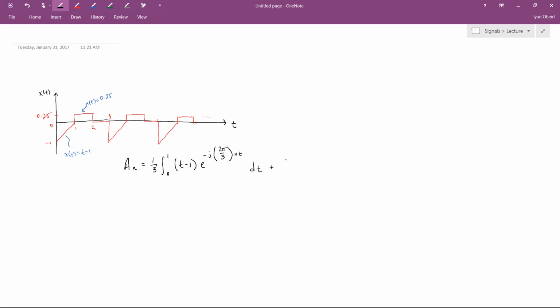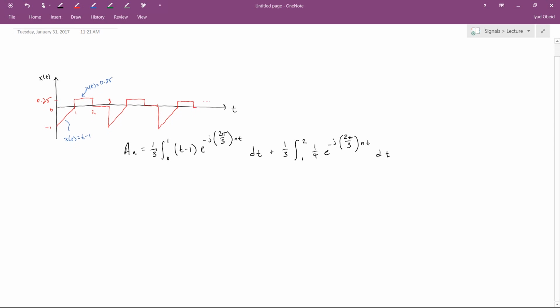Then we have to do another integral from t equals 1 to t equals 2. In this case, our function x of t is a quarter, and then again it's e to the minus j 2 pi over 3 nt dt. And then in theory we're supposed to integrate from 2 to 3, but there's nothing to integrate there.